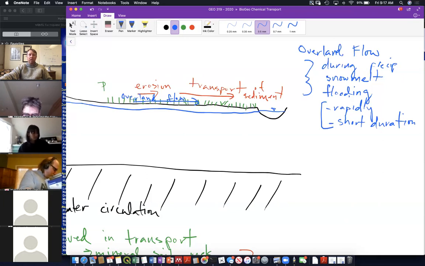So let's say we decided to stop fertilizing with phosphorus. If something moves very rapidly, then I expect that if I change my practice, I will rapidly change the quality of the water. So, for example, with erosion and transport, it happens fast. If I stop erosion or I stop fertilizing with phosphorus, then I will rapidly decrease the amount of phosphorus coming into my river or my lake.